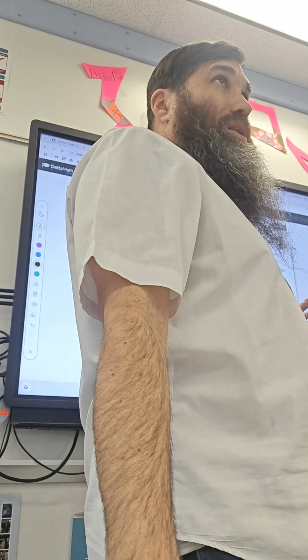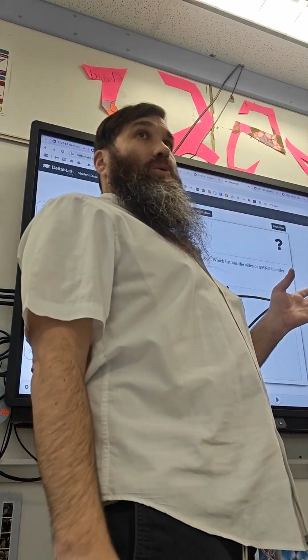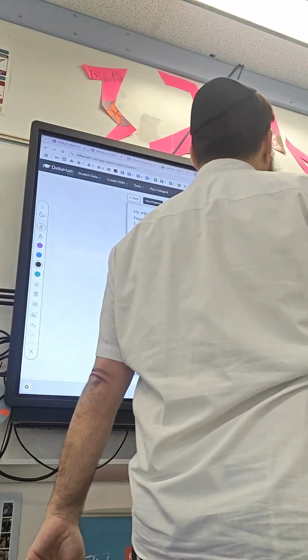But I realized for some of you, it would be a lot harder. If you could draw that triangle accurately, do it. But this way ends up being faster.